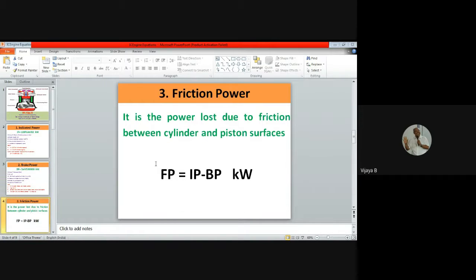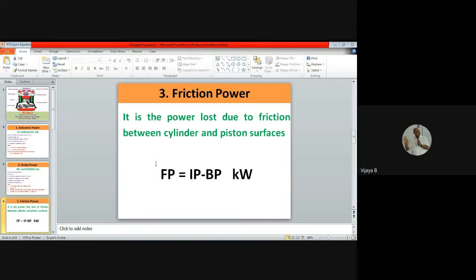And the third one is friction power. As the power is transferred from the engine cylinder to the crankshaft by means of piston, connecting rod, and crank, there is a loss of power due to friction between the surfaces of the cylinder and the surfaces of the piston. This amount of power lost due to friction is called frictional power.